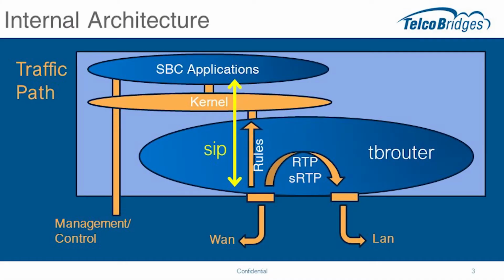And in addition to this, the RTP traffic is handled by the module called TBrouter, and the SRTP, either SRTP relay or SRTP decryption and encryption, will be done in the TBrouter. That's maybe something I didn't mention yesterday.